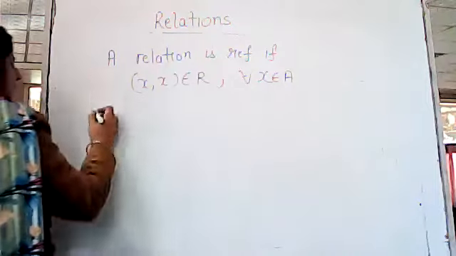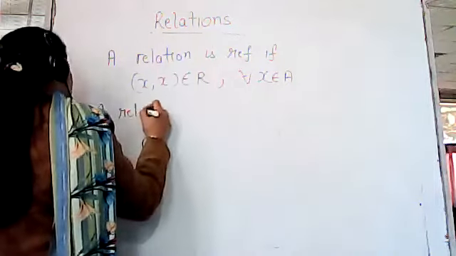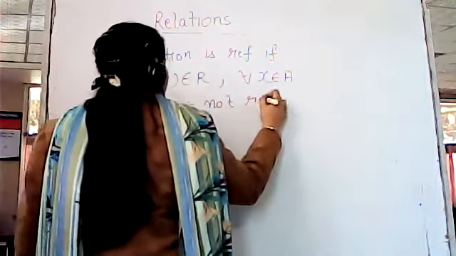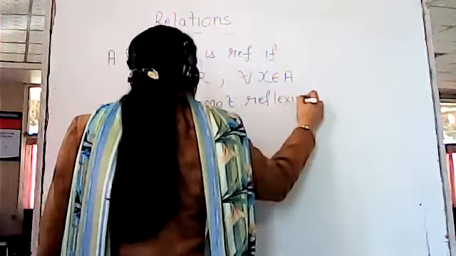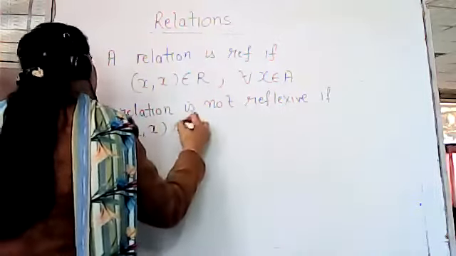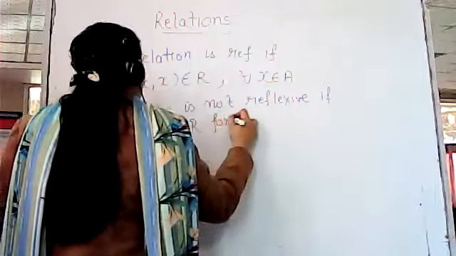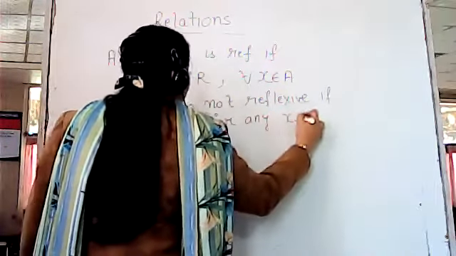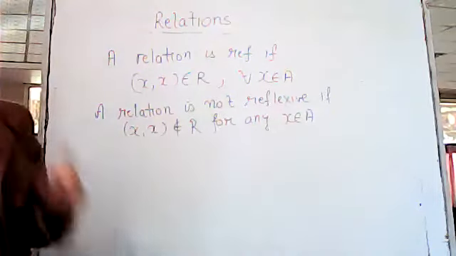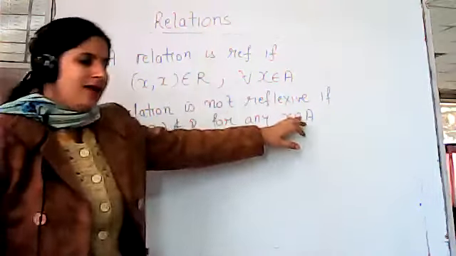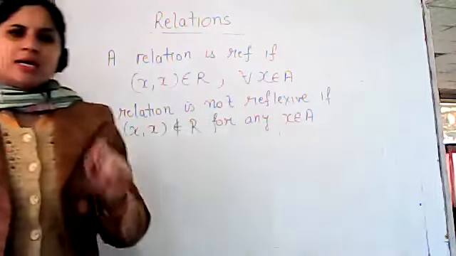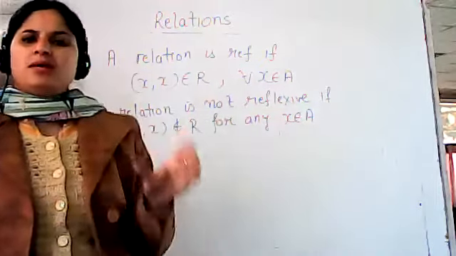Or you can say a relation is not reflexive if (x, x) doesn't belong to R for any x belongs to set A. If there exists even a single element in set A for which this condition is not satisfied, then you will say the given relation is not reflexive.